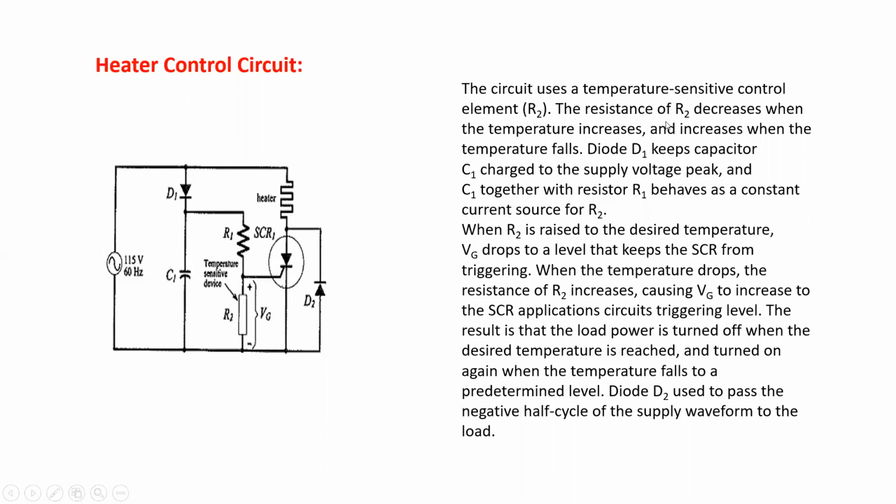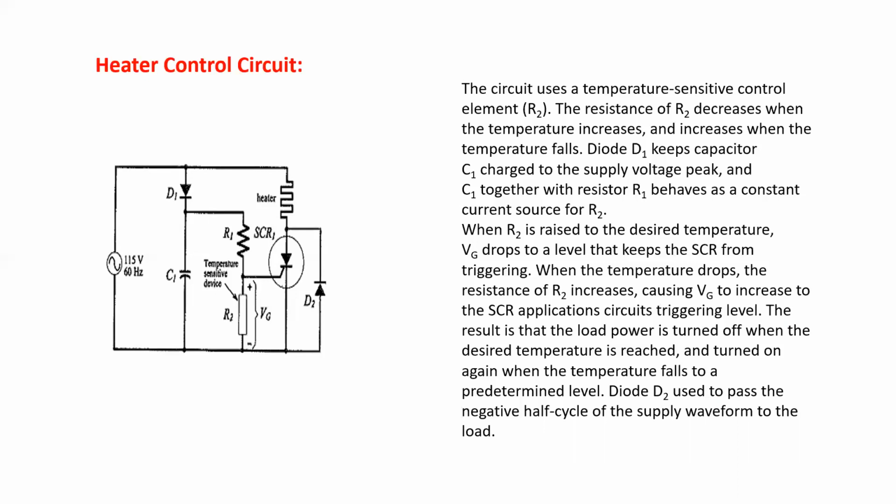In this circuit, the temperature sensitive device, that is R2, has a resistance that decreases when the temperature increases and increases when the temperature decreases. The diode D1 keeps the capacitor C1 charged to its peak value. Depending on the temperature sensitive resistor, the gate pulse is received by the SCR.